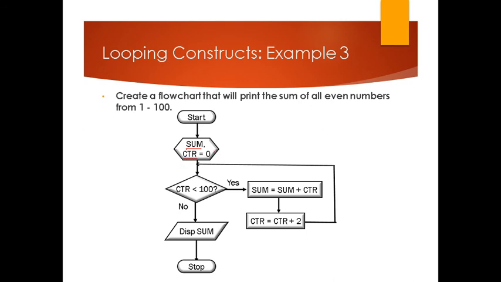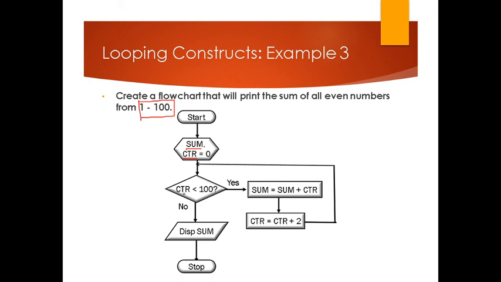Both of them have a value of 0. Do we need an input or output block? No need, because we already assume that based on the problem, no need for us to let the user input, because we're only getting the even numbers and also the sum of 1 to 100.